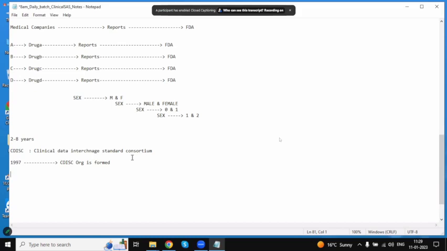What will this organization do? This organization sets some global standards. Global standards is nothing but a set of rules and regulations. Mainly, it gave implementation guidelines.